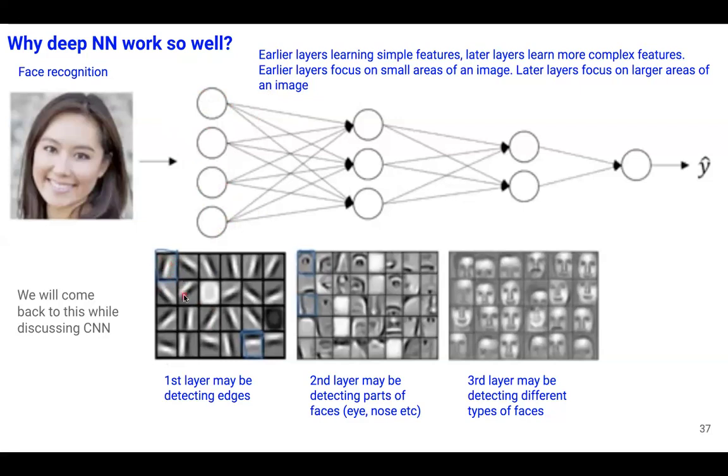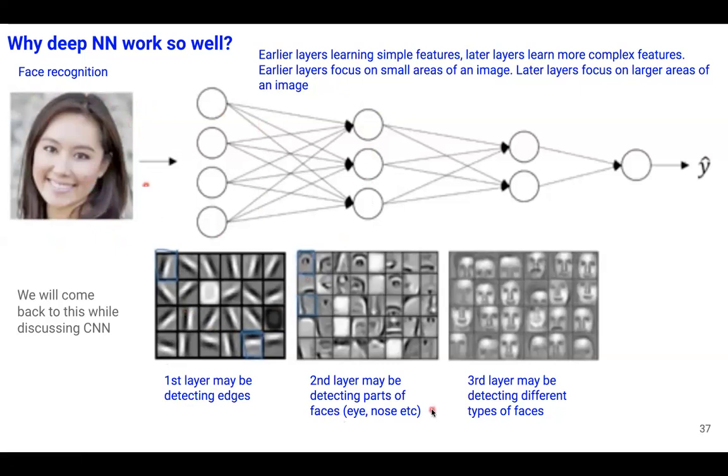These are called edge detection. So in the first few layers it is learning to detect edges, and you can say that it is learning some simple features. While learning the simple features, it might also just focus on small areas of the image, because in order to learn how to detect an edge, it doesn't have to look at the whole picture. It might just focus on small boxes.